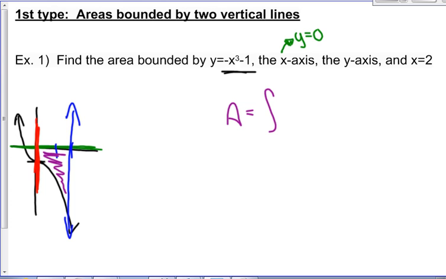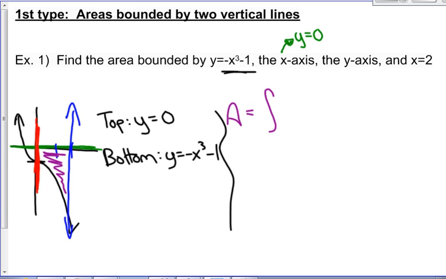Now we just have to make some decisions. What is on top here? It looks like the green line is what's on top. That would be y equals 0. What's on bottom? That would be what's in black, the curve negative x cubed minus 1. What is the left boundary?